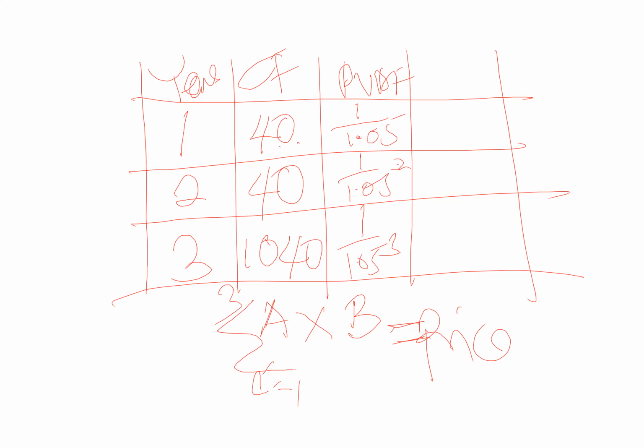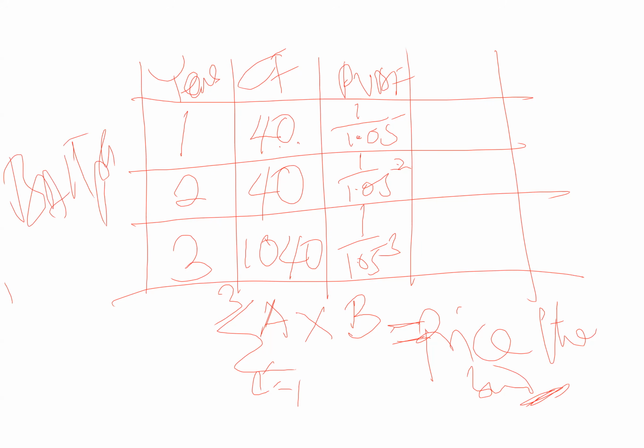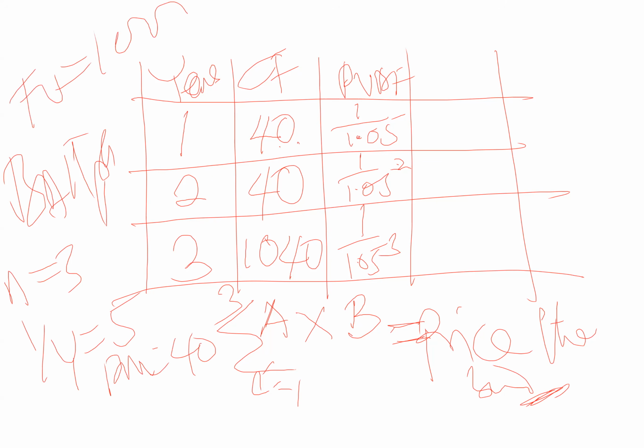That would be the price of the bond. Is that okay? Which also means that with your BA II Plus, N is equal to 3, I/Y is equal to 5, payment is equal to 40, face value is equal to 1,000, compute price or compute present value. That is the same thing. Is that okay?